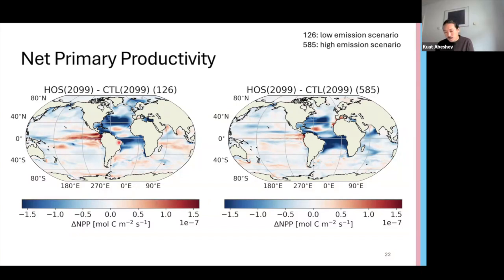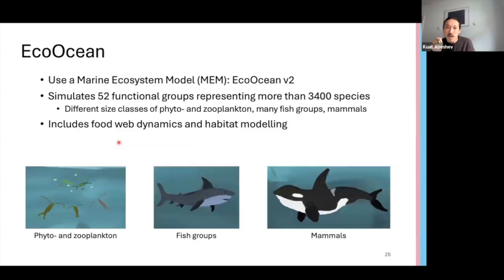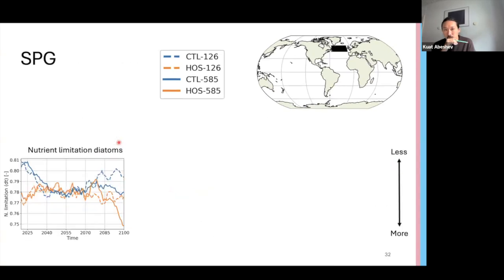Okay. I was curious about the total phytoplankton changes in the low emission scenario versus the high emission scenario. In the low emission scenario, which is still global warming, right, there is an increase in phytoplankton, which I found kind of counterintuitive. So I don't know how you could explain that. Do you mean this figure? There was a graph that was going up, total phytoplankton.